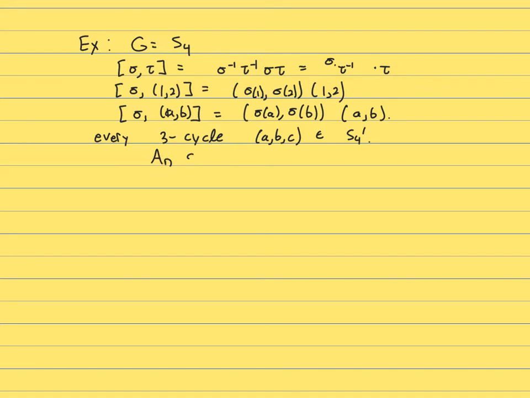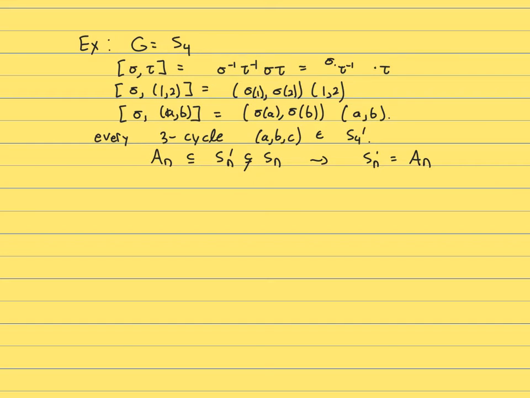The alternating group is going to be contained in Sn prime, which is contained in Sn. What one has to argue is that the inclusion is strict on this side, and then that would be enough to tell you that the first derived subgroup is actually An.